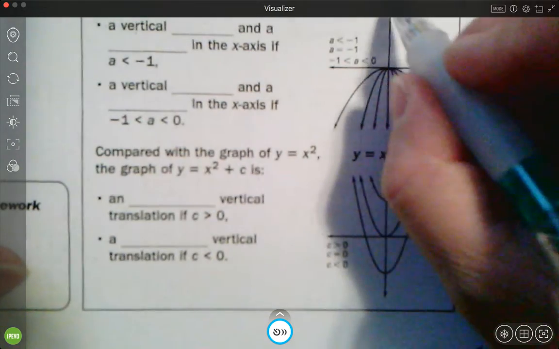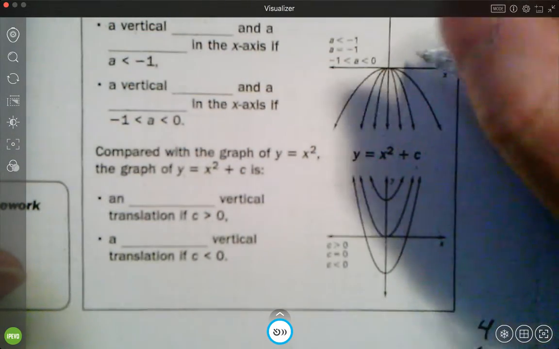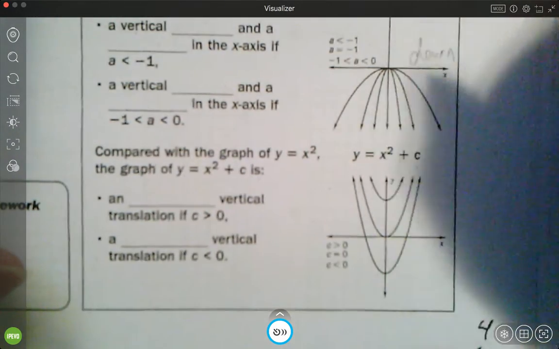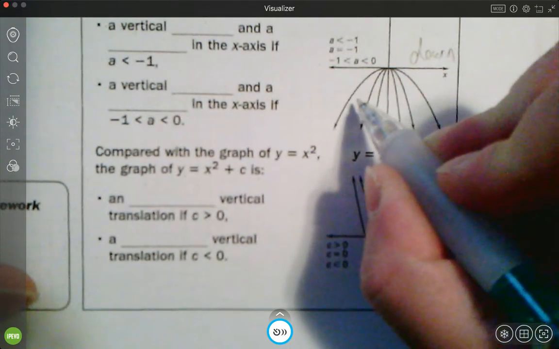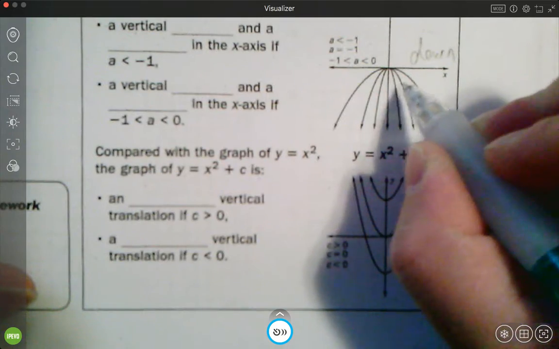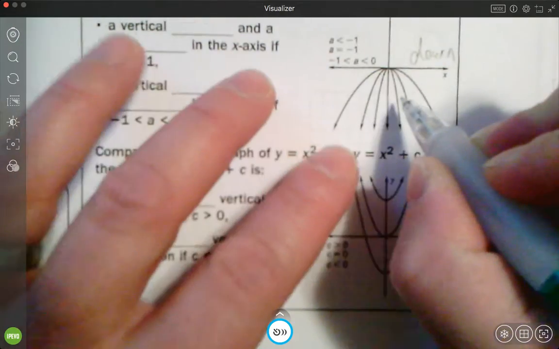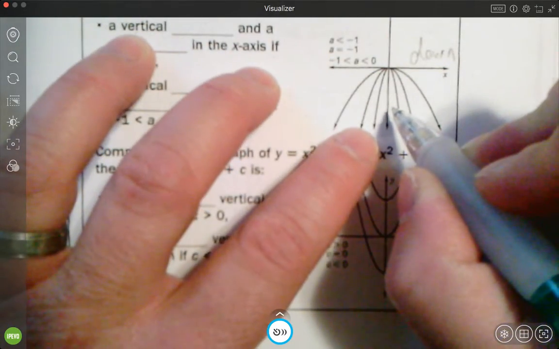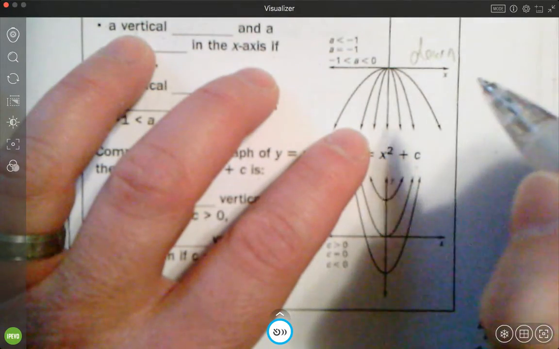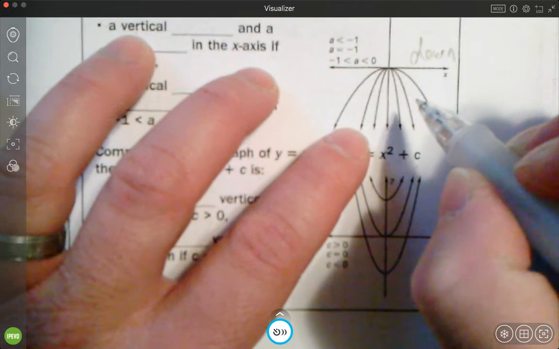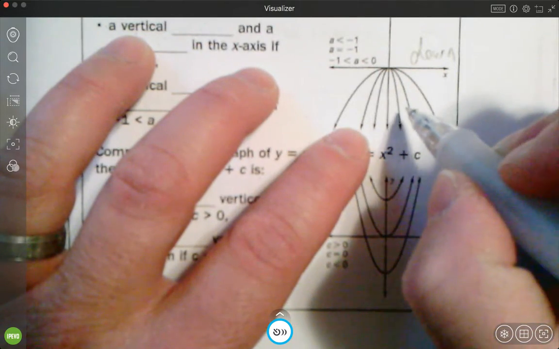But if your A is negative, your parabola is going to be facing down, right? And as A is a negative fraction, it's going to get wider. If A is less than -1, like -3, it's going to get skinnier.